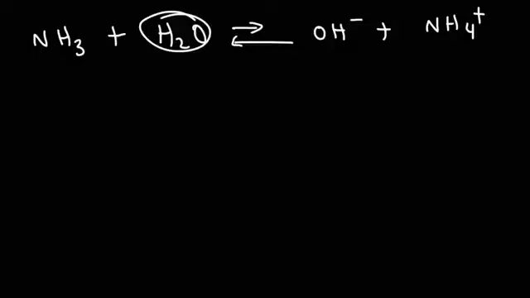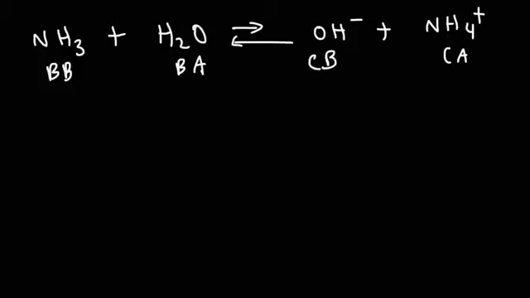Water is behaving as a weak acid. It's donating the proton to ammonia, and so when it loses a proton, it turns into the conjugate base hydroxide. So this is the Bronsted-Lowry base, and this is the Bronsted-Lowry acid. This is the conjugate base, that's the conjugate acid.